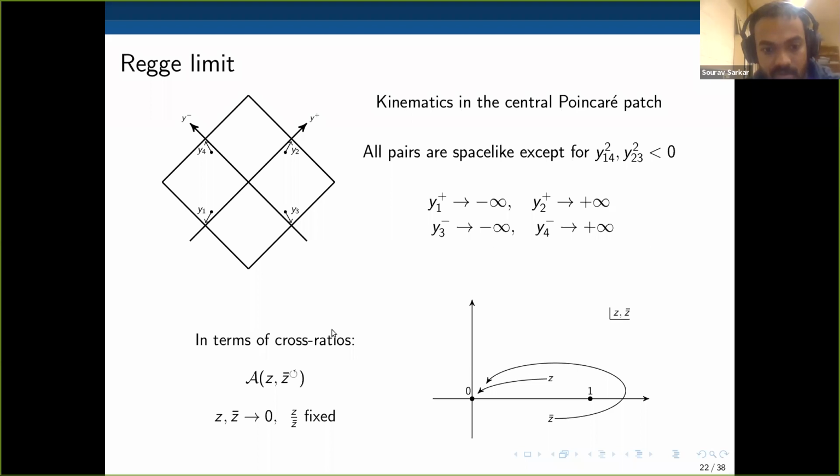And in terms of cross ratios, we can start with the Euclidean correlator and then continue. We keep z fixed and continue z bar anticlockwise around 1, and then take both z and z bar to 0 while we keep the ratio fixed.